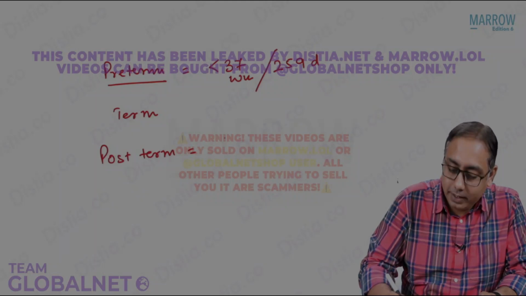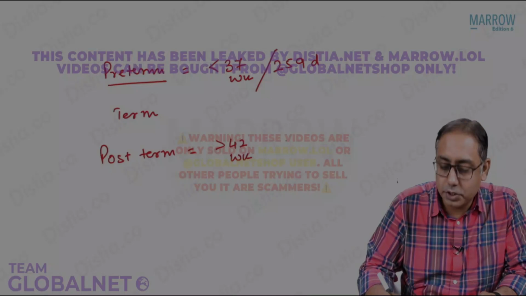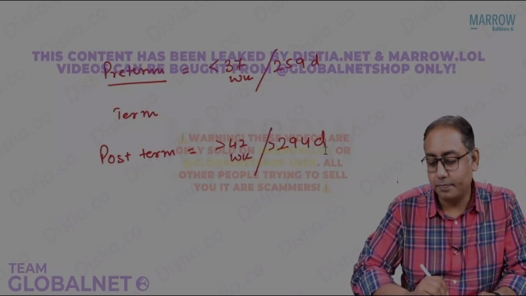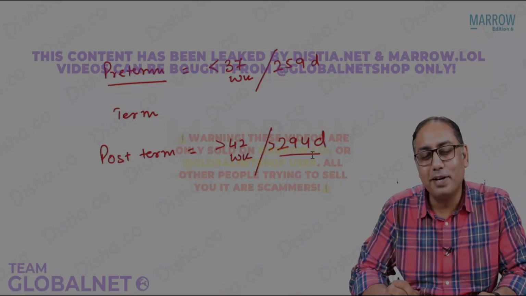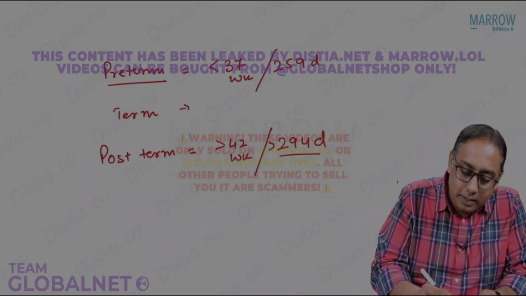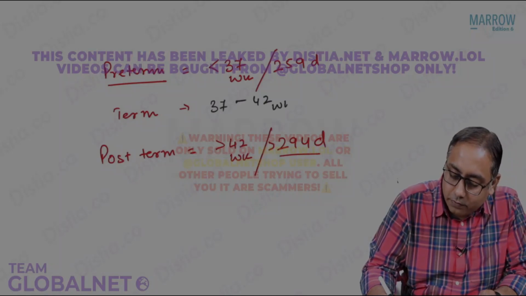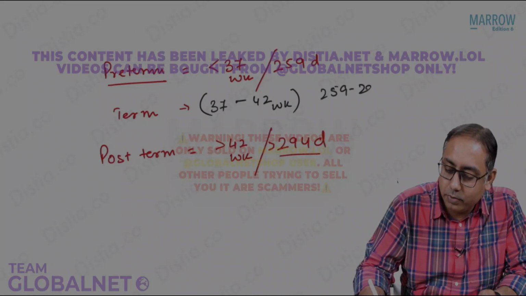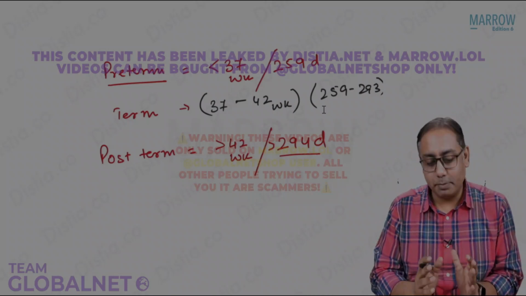The post-term baby is a baby who is born after 42 weeks of gestation, or more than 294 days. 294 is easy for me to remember. What is the term baby? A term baby is 37 to 42 weeks of gestational age, or from 259 till 293 days. You can remember it this way.